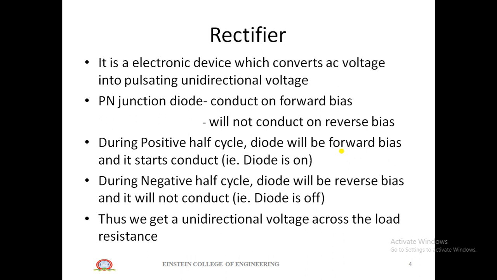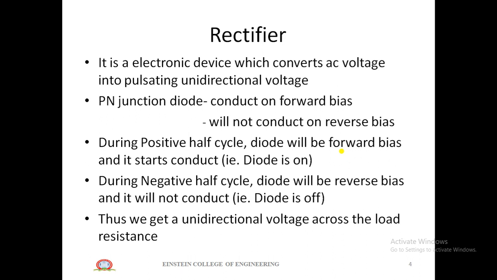So if you give an AC supply to the diode, during the positive half cycle, the diode will get forward biased and start to conduct. So we can say diode is on.